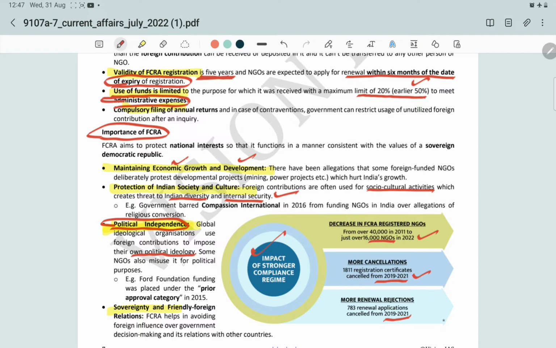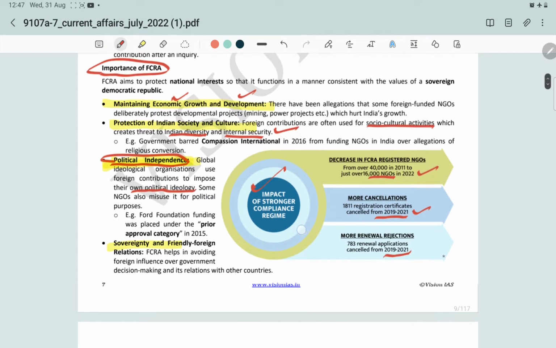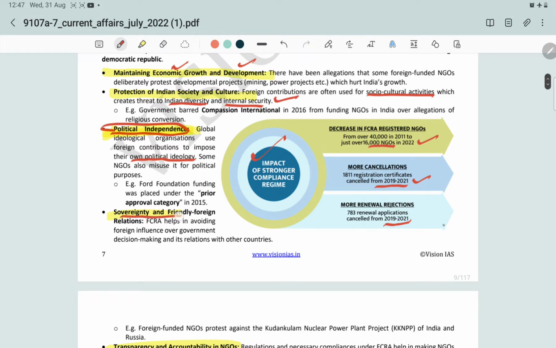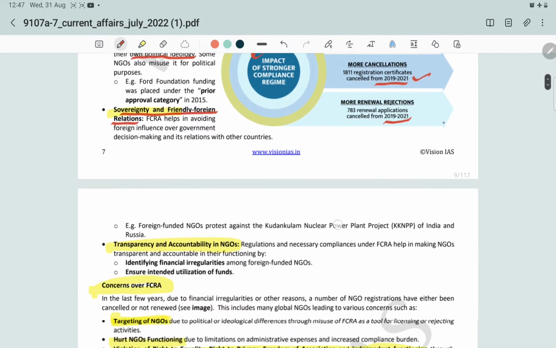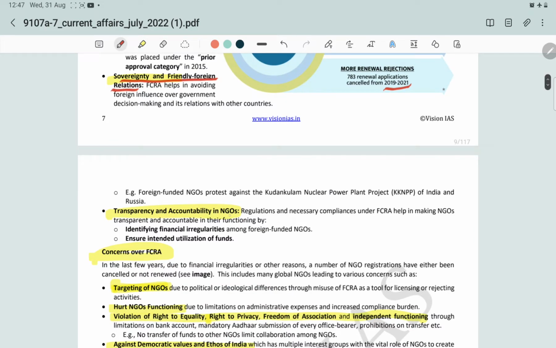Some NGOs also misuse it for political purposes. And there is also sovereignty and friendly foreign relations. It helps in avoiding foreign influence over government decision making and its relations with other countries. Transparency and accountability of NGOs: regulations and necessary compliance under FCRA can help in making NGOs transparent and accountable in their functioning by identifying the financial irregularities among foreign funded NGOs and ensuring intended utilization of the funds.